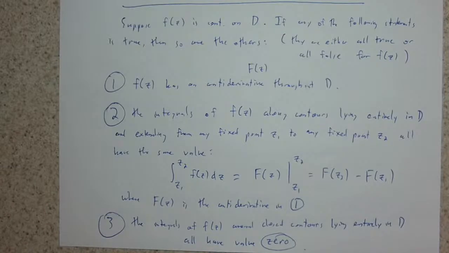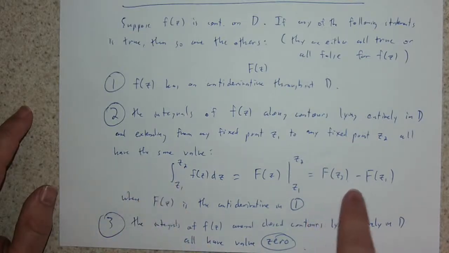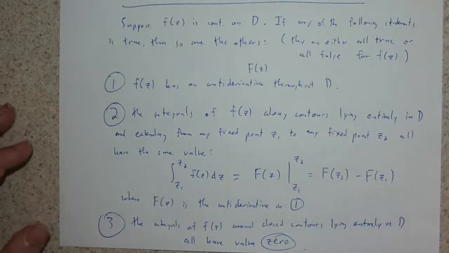Well, this fact is pretty easy to see from 2, because if 2 is true, then around a closed contour, z1 and z2 are the same. So z sub 1, z sub 2 are equal, and so this would just be big F of z sub 2 minus big F of z sub 2, which is going to be 0, right?